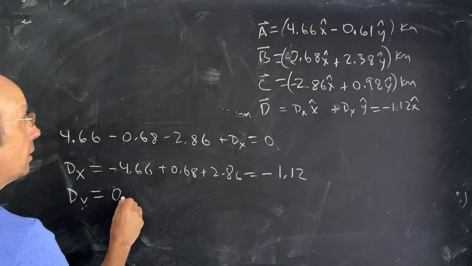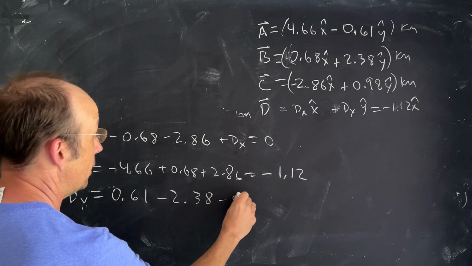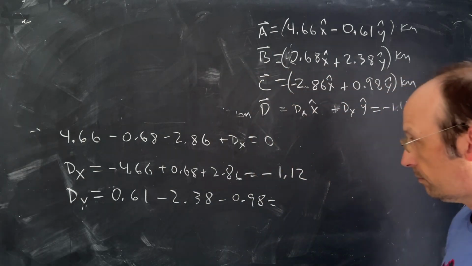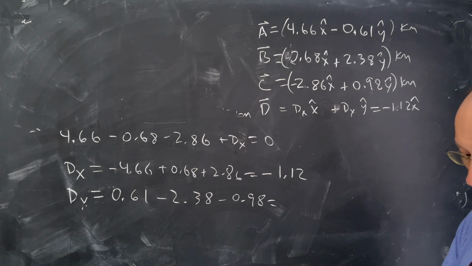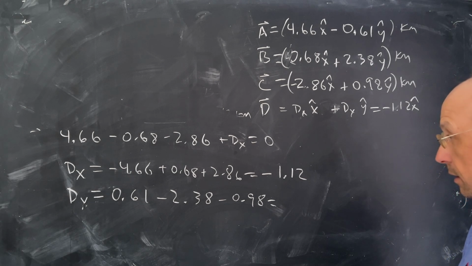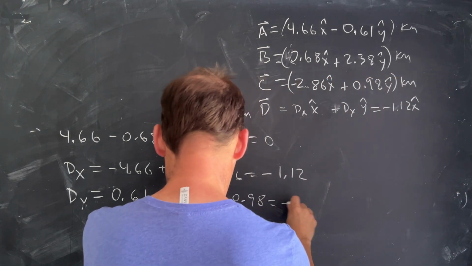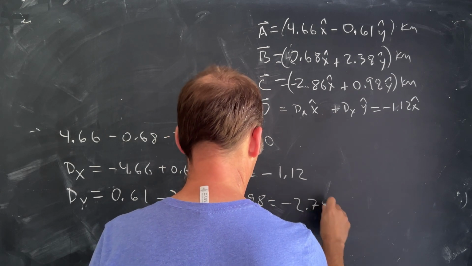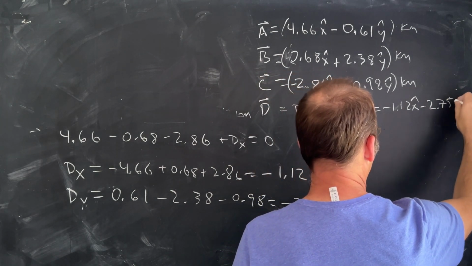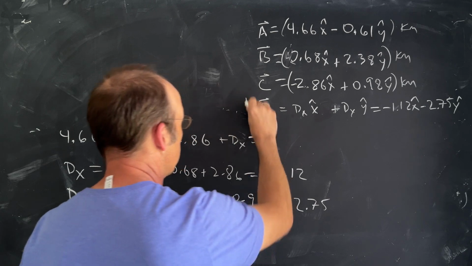So I get 0.61 minus 2.38 minus 0.98 equals, calculator, 0.61, 2.38 minus 0.98 minus, and I get negative 2.75. So this is going to be minus 2.75 y hat. I fit. Okay. So that's my answer.